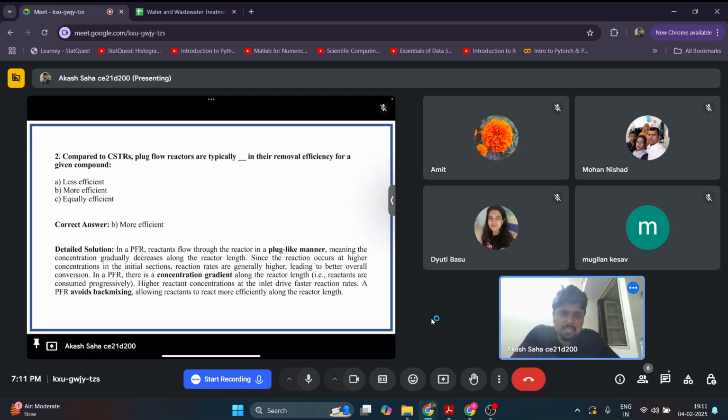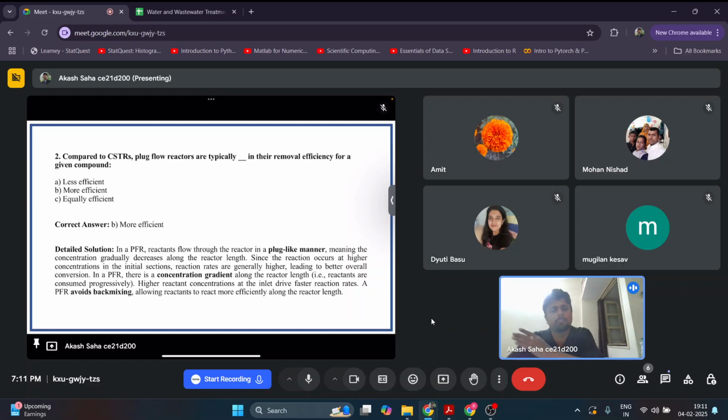So the reactants flow in the reactor in a plug flow manner. Okay, so you can consider each of these units as a CSTR. Some n number of CSTRs, if we combine together, will form a plug flow reactor. And within each CSTR there will be no concentration gradient, but throughout the flow there will be a concentration gradient, and it also avoids back mixing.